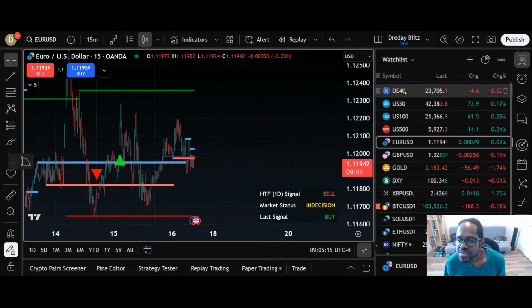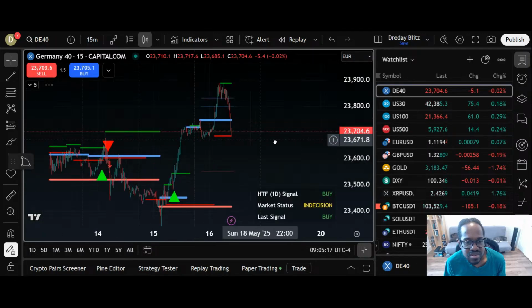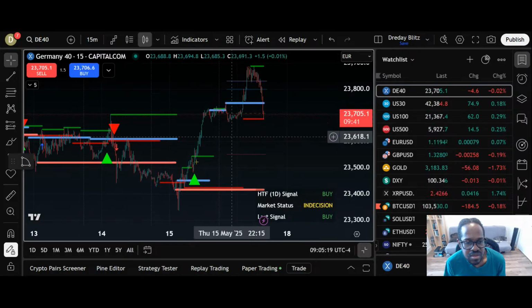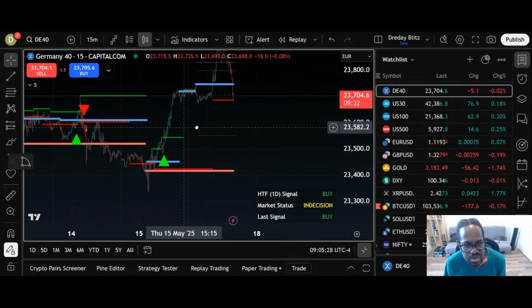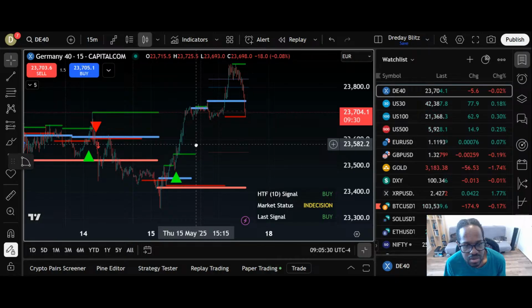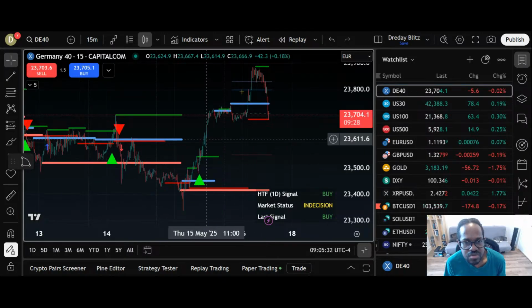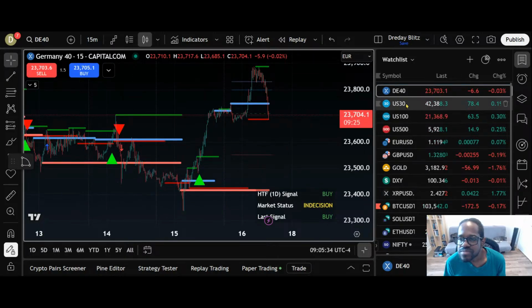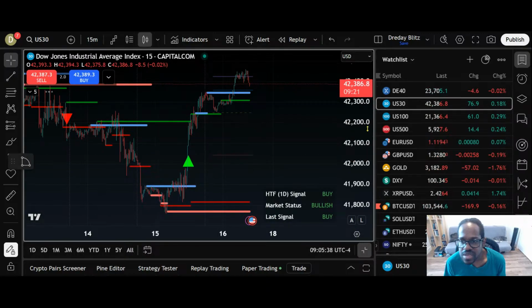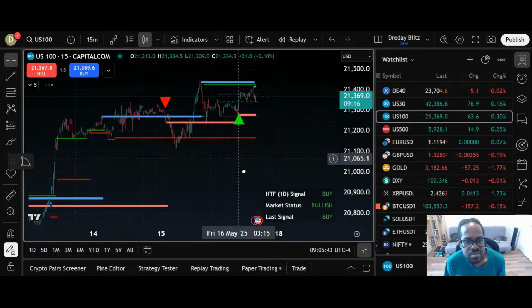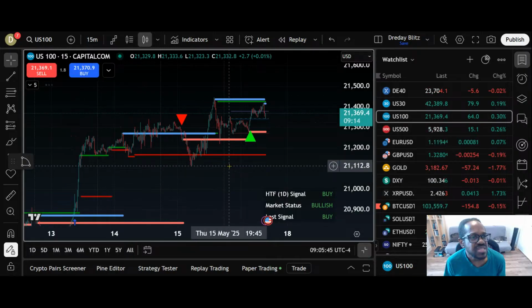For German, we were bullish here since Thursday, around the New York session, we're going up. Same thing for US 30. NASDAQ, I think it will be the same. No, NASDAQ was not the same.